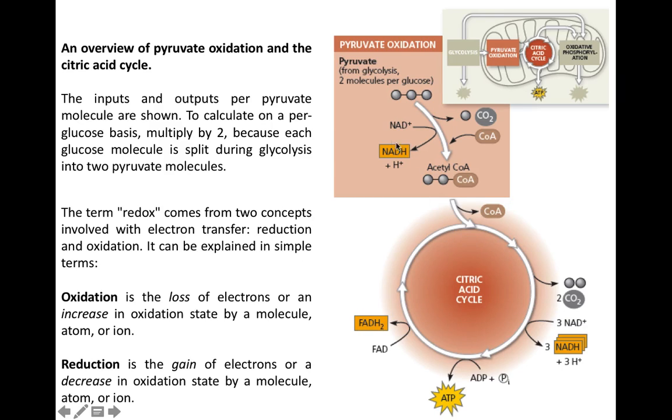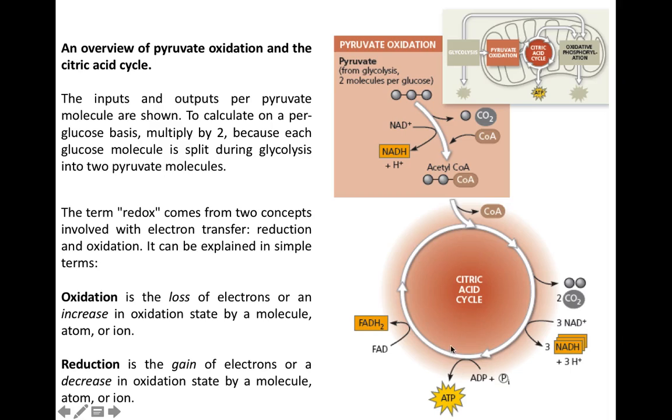So they have carried electrons from glycolysis, from pyruvate oxidation, and they have carried electrons from the citric acid cycle. In the case of pyruvate oxidation, it's only NAD which got reduced to NADH, while in the case of the citric acid cycle, both NAD and FAD are playing their part, and they're being reduced to NADH and FADH2 respectively.